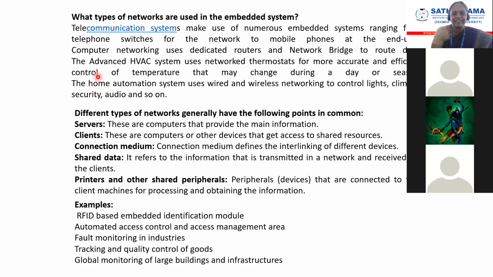Even in advanced HVAC systems, with thermostats and all, as electrical engineers we have to know that everything is centralized. We have a centralized grid system. If there is pressure on one grid, it will automatically be passed to the other grid.